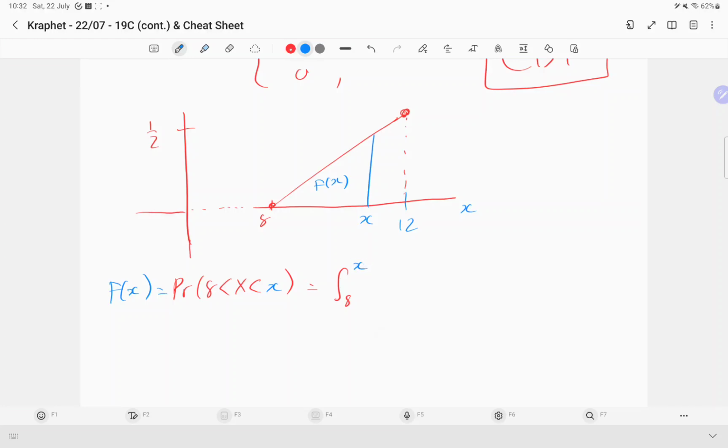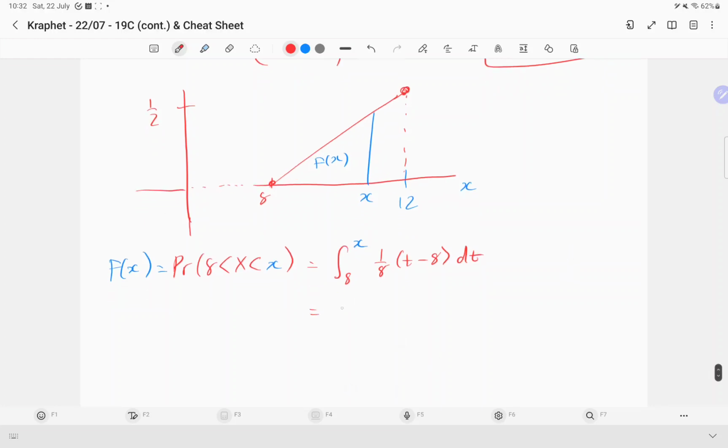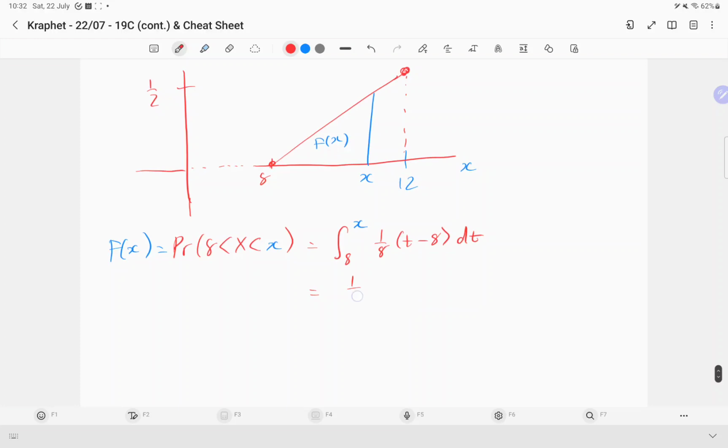Okay, and then when you antiderive, note that the normal function is in x terms, so you have to change it into t. So it'll be 1 over 8 times (t minus 8) dt, because later on you want to substitute x in. So 1 over 8, and then antiderive, that'll be t squared over 2 minus 8t from 8 to x.